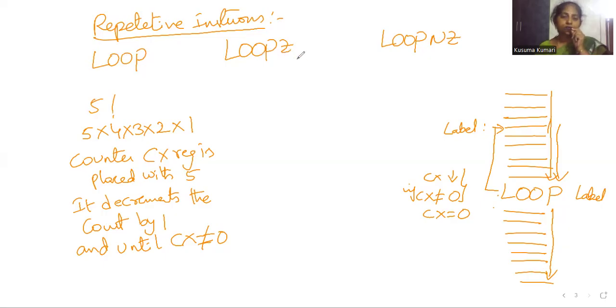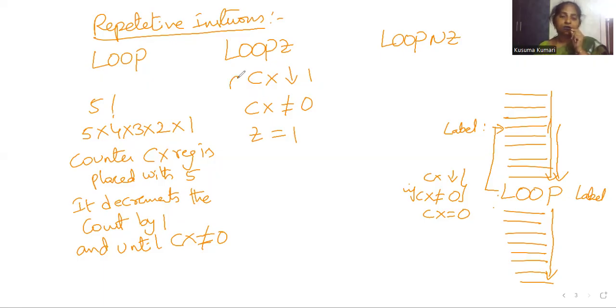Loop Z means the same, but along with the CX register, it checks the zero flag also. CX register is decremented by 1, and the conditions are that CX is not equal to 0 and the zero flag should be 1.